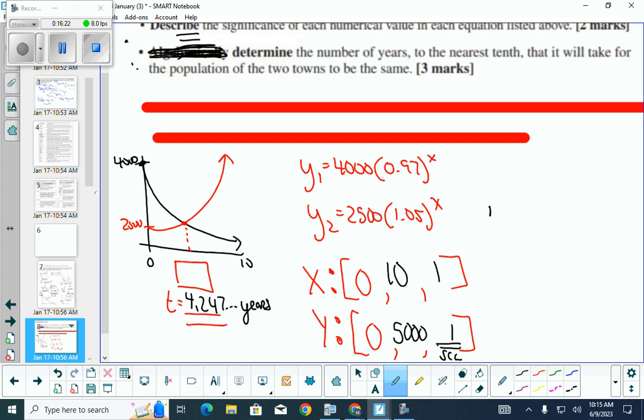So it'll be 4.2 years for the population to be the same. Did I do something wrong? Oh, it's 0.97. I have in 0.94. Hold on. Okay. Sorry. Typed it in wrong. My bad. What did you get? Okay. Sorry. I punched in 0.94 to the power of x instead of 0.97.